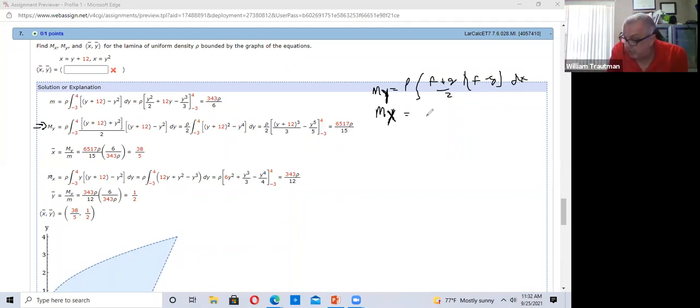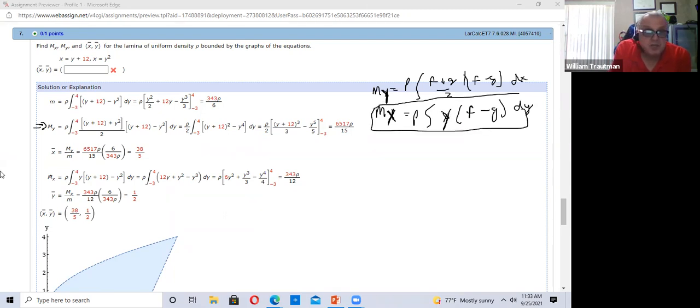So if you go back to your formula, the my formula is our mx formula, which is density integrating x f minus g, except we're doing this formula with respect to y. So it's y f minus g, and we're still integrating from -3 to 4.